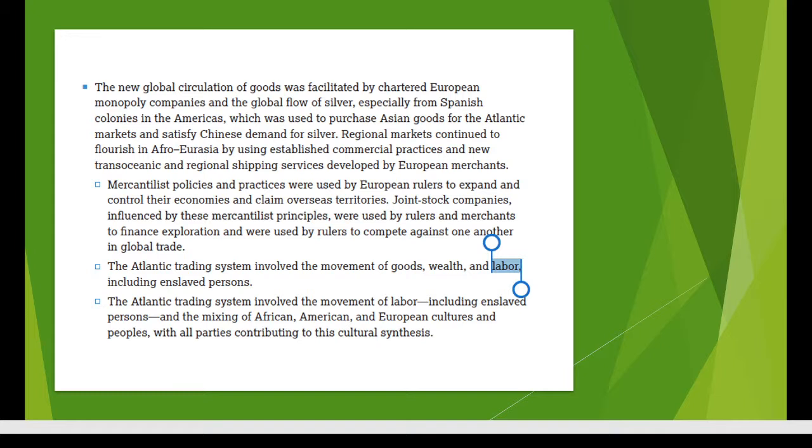Good examples, Angel. Can we describe joint stock companies? Can we define mercantilism?